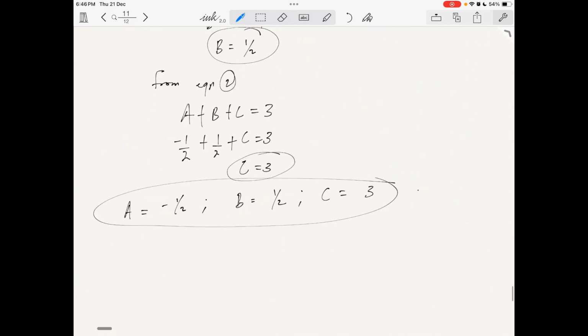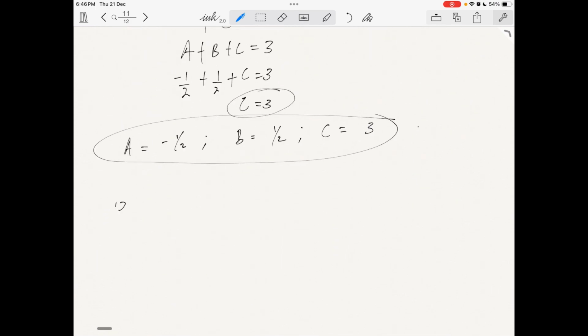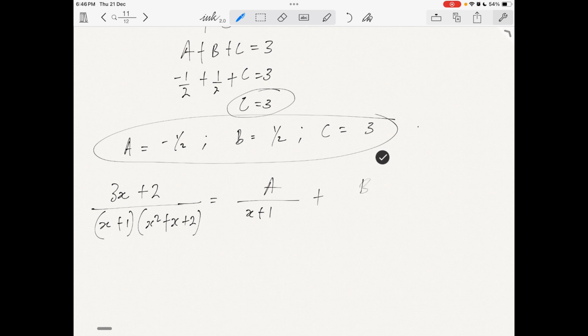So in that same order we have it to be 3x plus 2 divided by x plus 1, and x squared plus x plus 2 is equal to a into x plus 1, brackets not necessary, plus bx plus c into x squared plus x plus 2.